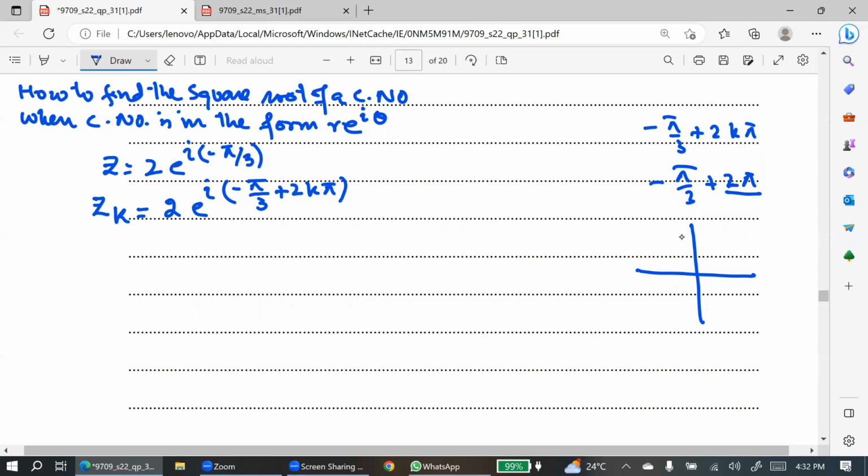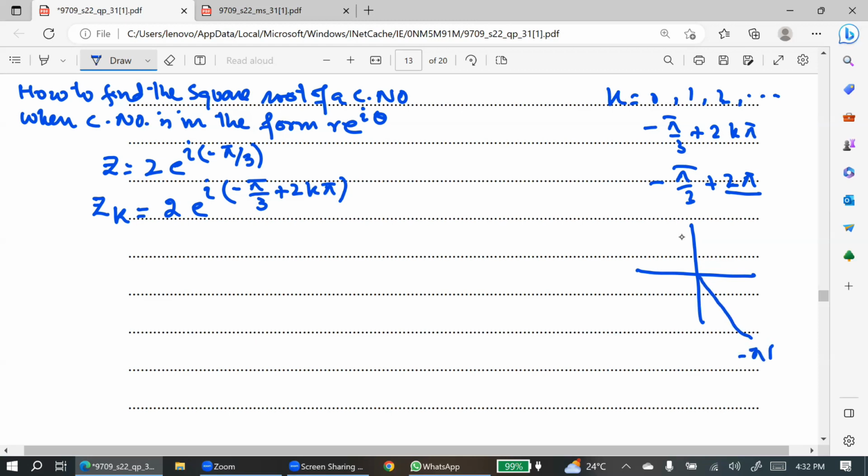Okay. If we add 2k pi in the angle, and suppose that k is equal to 0, 1, 2 and so on. When we put k is equal to 0, minus pi by 3 is this angle.